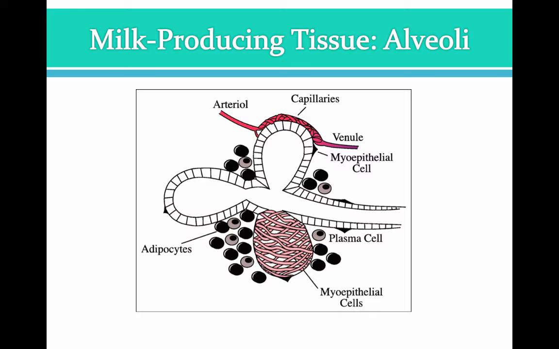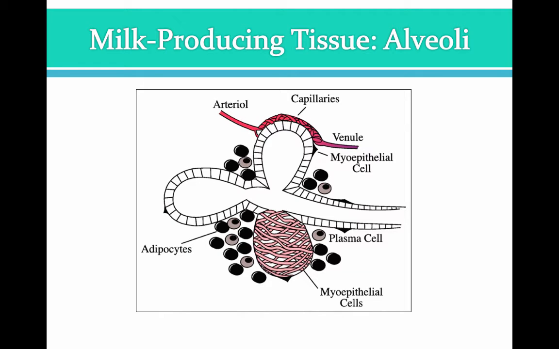So milk production takes place in these alveoli, or you can say the singular alveolus if you're referring to just one. They consist of epithelial cells or lactocytes, which are located within the myoepithelial cells. Capillaries surround the alveoli and bring blood from which the alveoli can make milk.